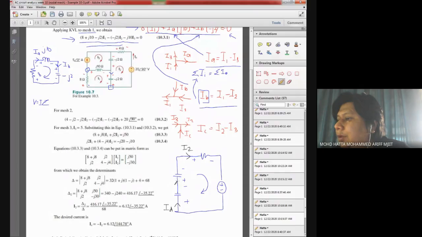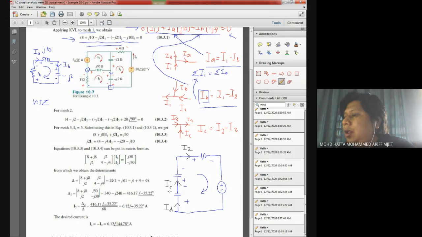And the current flowing through this element is also not I2. Maybe I put it as IC. Why I put D here as ID, and why not IC, I will explain later. All right. If you look at this circuit, we have this 20 with an angle of 90.